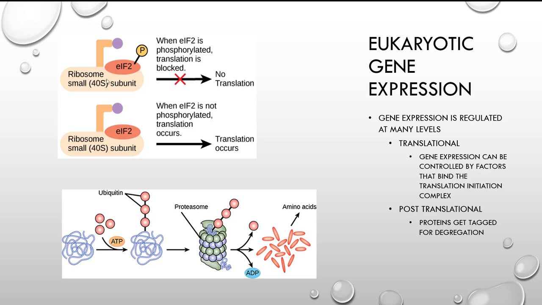Here's the small ribosomal subunit, and here's a tRNA being formed. So it's at the beginning stages, the initiation stage of translation, and everything is starting to set up like it's supposed to.